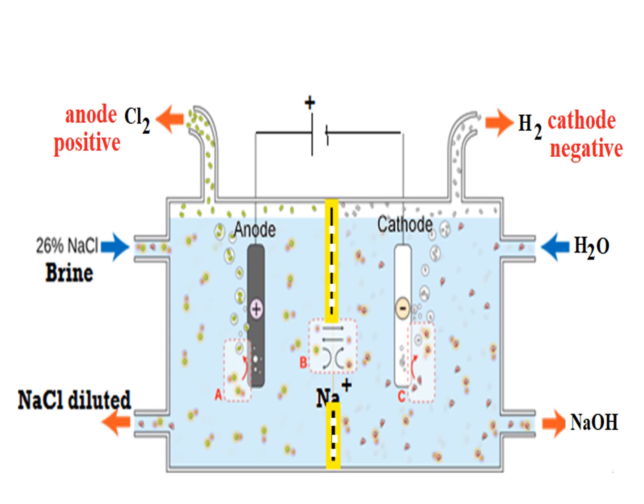So let us now follow the process. Brine water is pumped into one compartment and H2O into another. The battery is connected and the electrodes are charged. In the brine water compartment, the following happens.